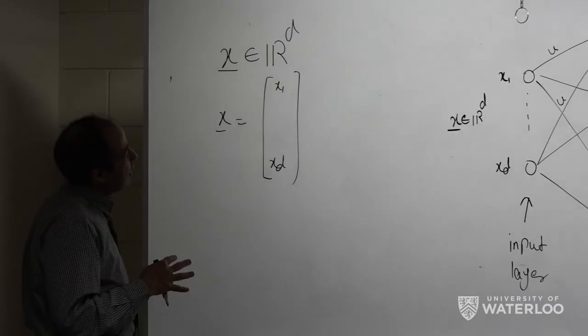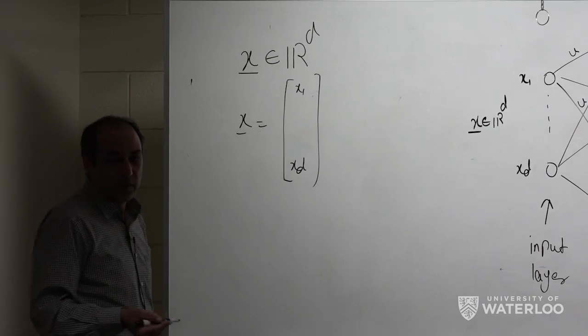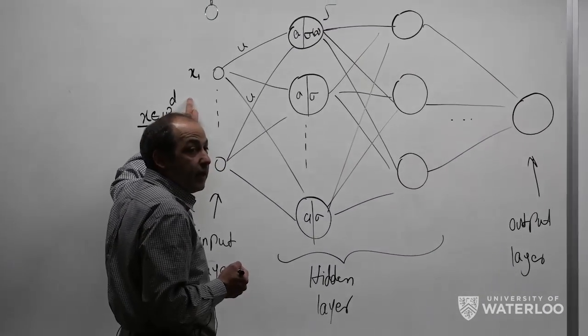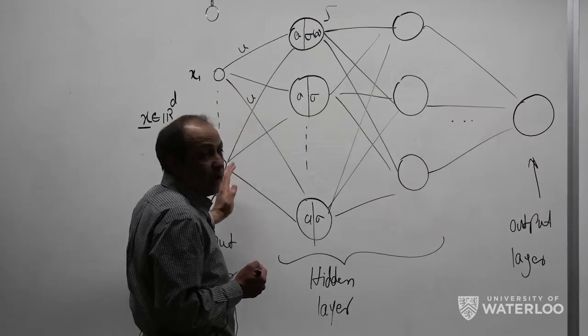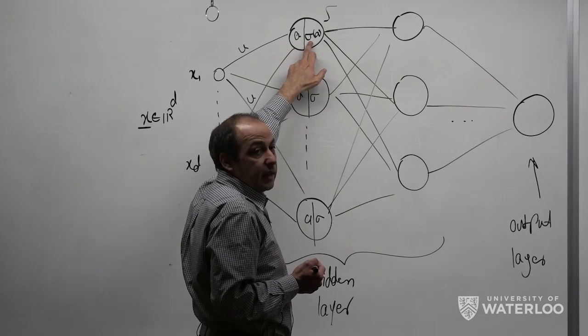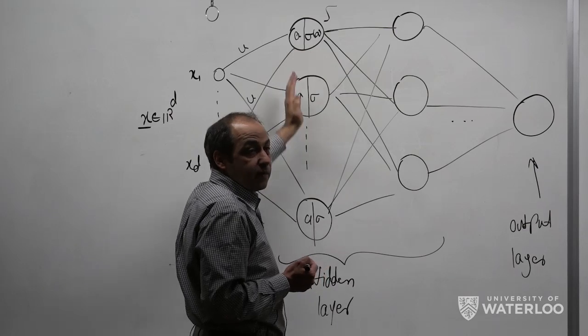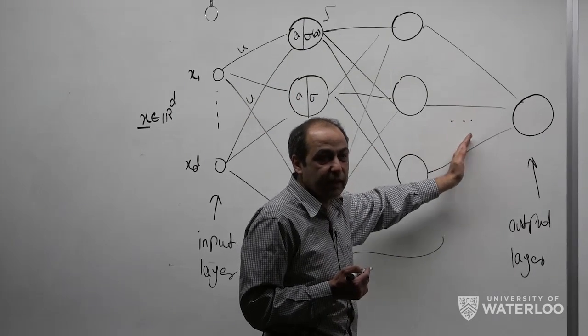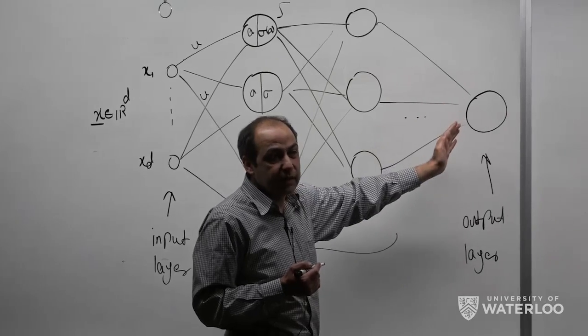Okay, this is called feed-forward neural network. I think it's clear what's going to happen. You have input, and the weighted sum of these weights will be applied, and the nonlinearity will be applied, and the output of the first layer would be the input of the second layer, and the output of the second layer would be the input of the third layer.